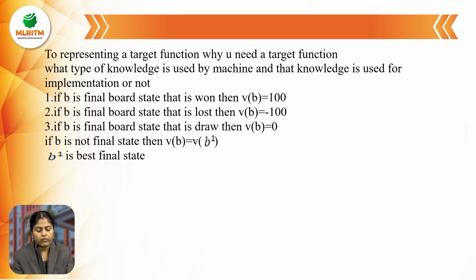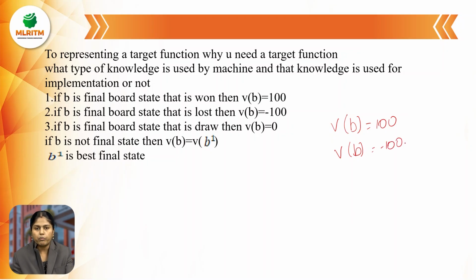See, these are the terms that we use in the target function. First one: if B is the final board state, then V of B is equal to 100. This target function is based upon the game, that is nothing but the checkers problem. In the checkers problem, if B is the final board state and we won that game, then we get V of B equal to 100. If we lose that particular game, then we get V of B equal to minus 100.